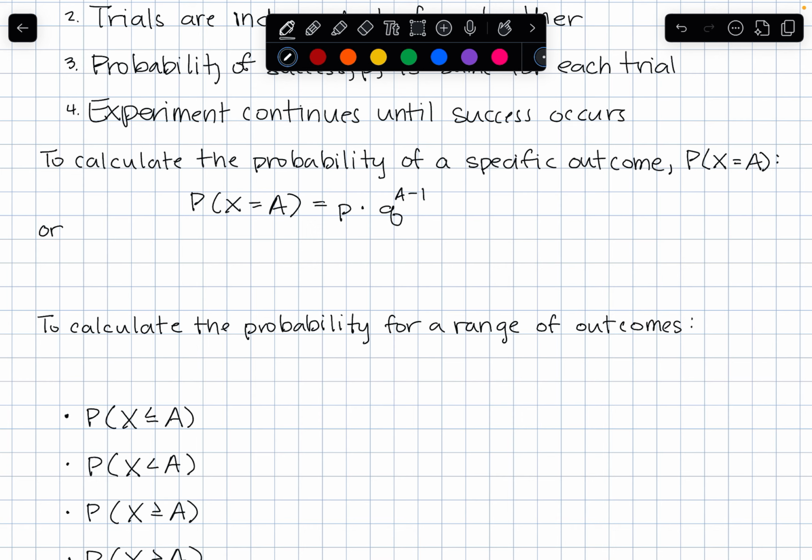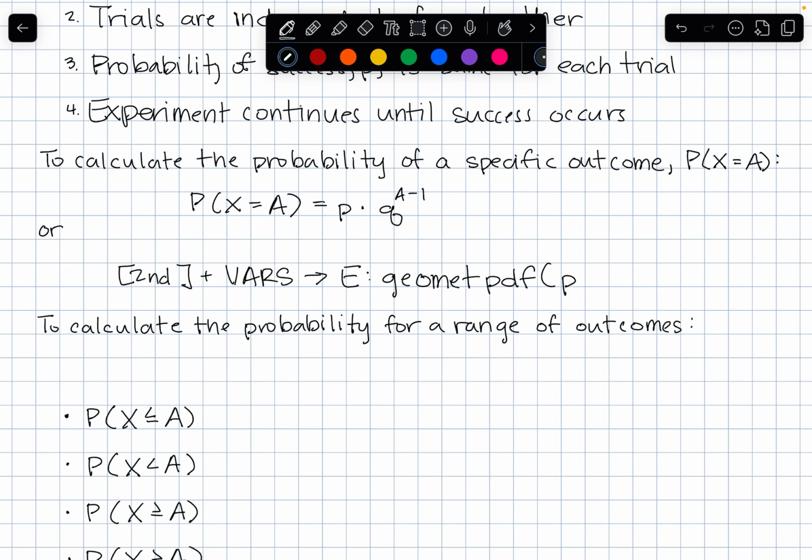On the calculator, we're going to do exactly what we did for binomial. We're going to go second vars, because we know that takes us to the distribution menu. And then on second vars, way down at the bottom, option E says Geomet PDF. And Geomet PDF actually only asks for two things, because we no longer have a fixed number of trials.